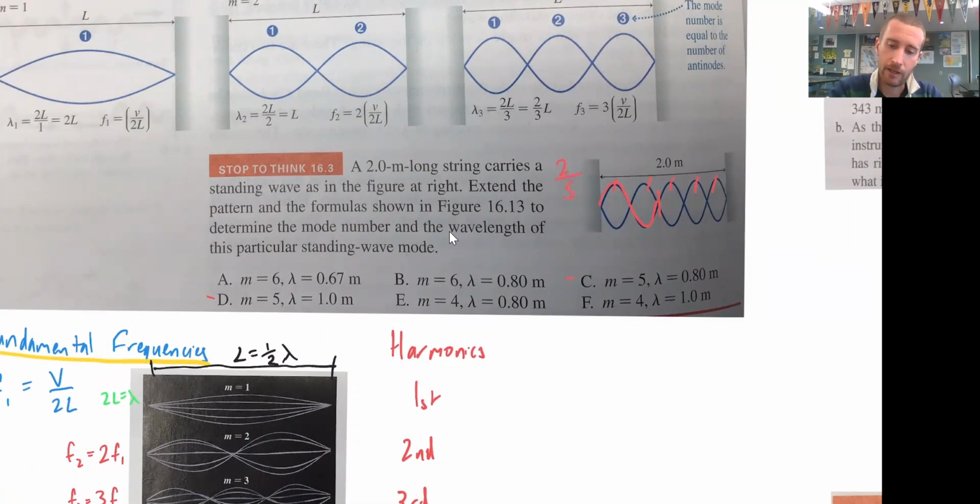So 2/5 of 2 meters has to be equal to the wavelength. That is 4/5, which is 0.8. So that would be C. The wavelength is 0.8 meters, and the mode is 5 bumps, 5 antinodes. I guess I should use the technical term.